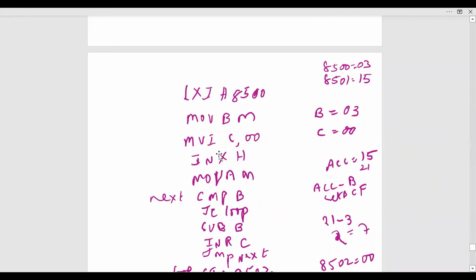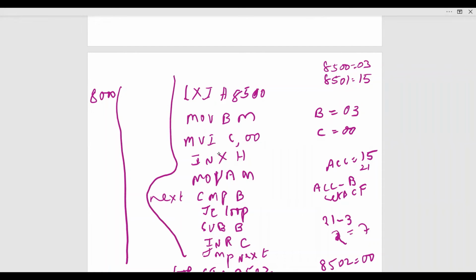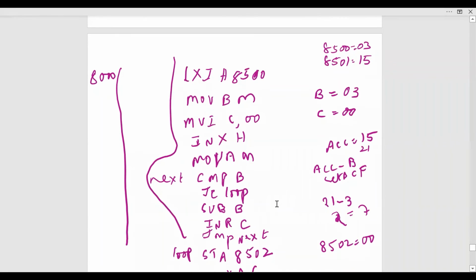So let us write the codes. We'll start with 8000. As we all know, LXI H, 8500 is a 3-byte instruction. So the opcode is 21, 00, 85. Next 8000, 8001, 8002, 8003. Move B, comma M is a single byte instruction and so the opcode is 46.